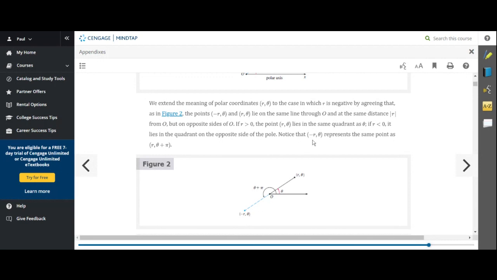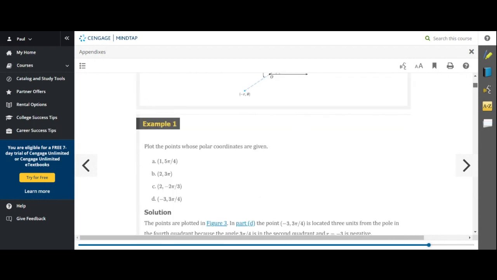Okay, so negative r, theta represents the same point as r, theta plus pi. So that's one difference between polar coordinates and Cartesian coordinates. Polar coordinates are not unique to a point. You could have an infinite number of polar coordinates for a point. Okay, are there any questions on that?